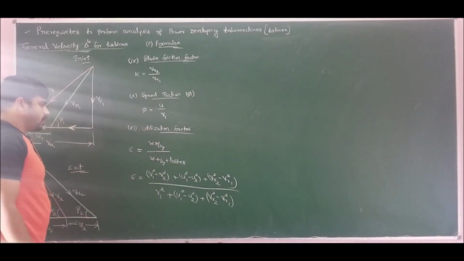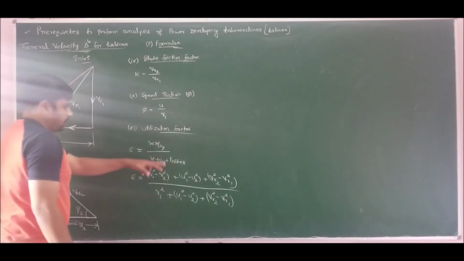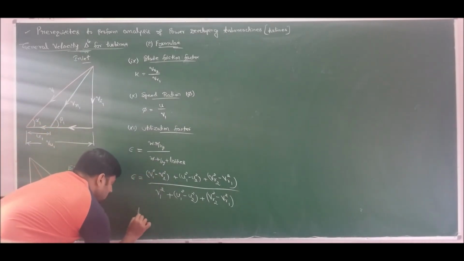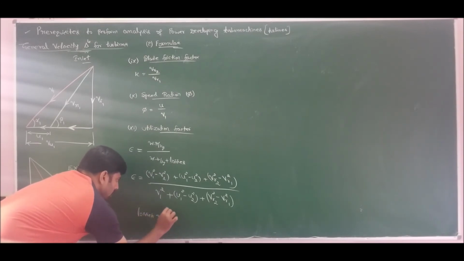So this is the formula for utilization factor. Here the very important thing is that losses is nothing but V2 square by 2gc.